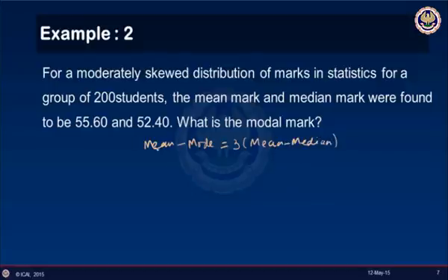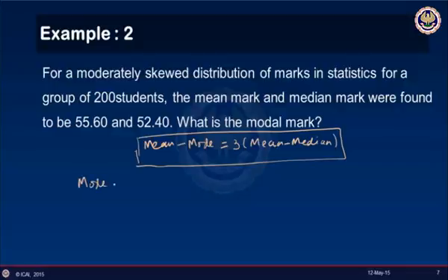This is the empirical relationship between mean, median, and mode. Now coming to the mode, it equals 3 times median minus 2 times mean.